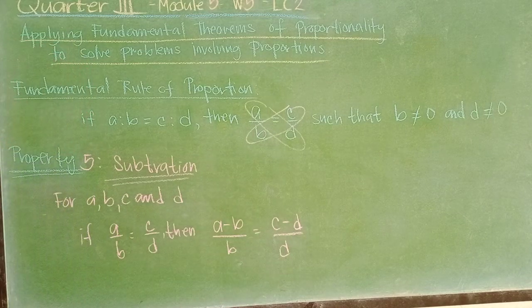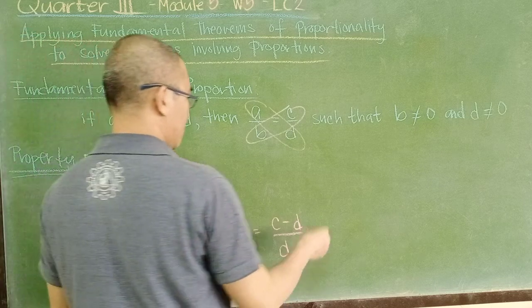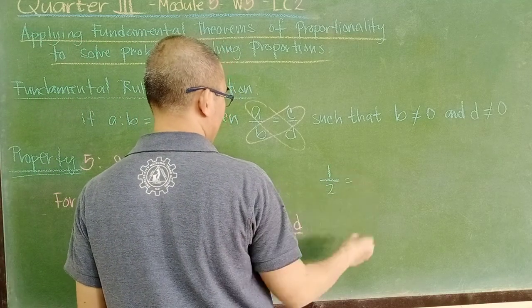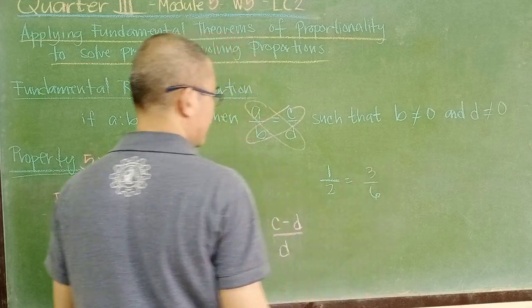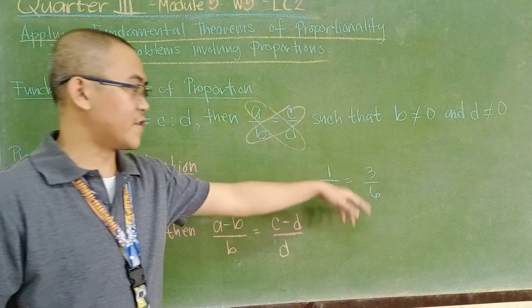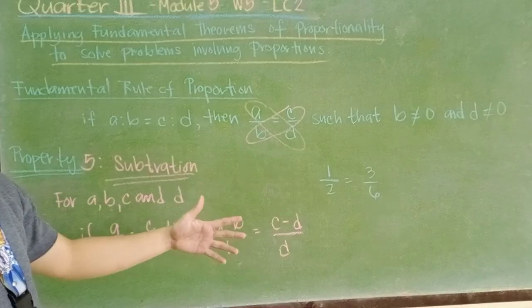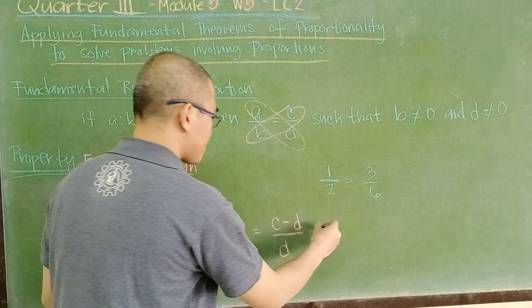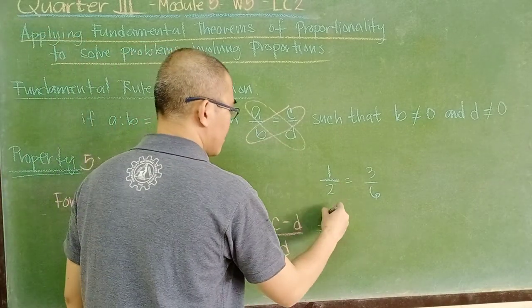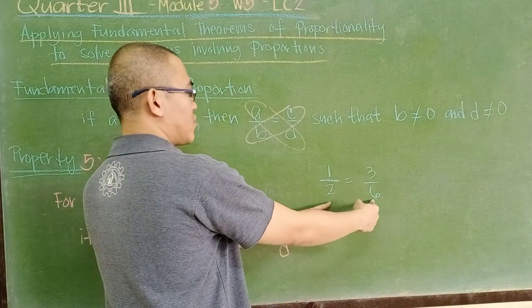So, same idea doon sa may addition. Halimbawa, we have 1/2 is equal to 3 over 6. So, yung 3 over 6, alam na natin na 1/2 din yan. So, ang gagawin ko is isusubtract ko yung mga denominator dito sa numerator.